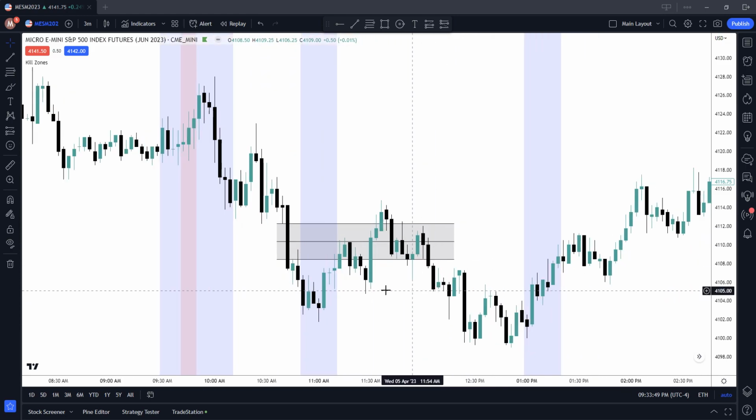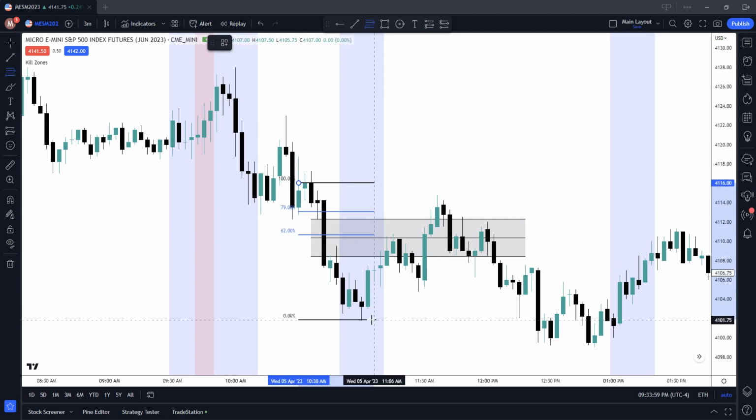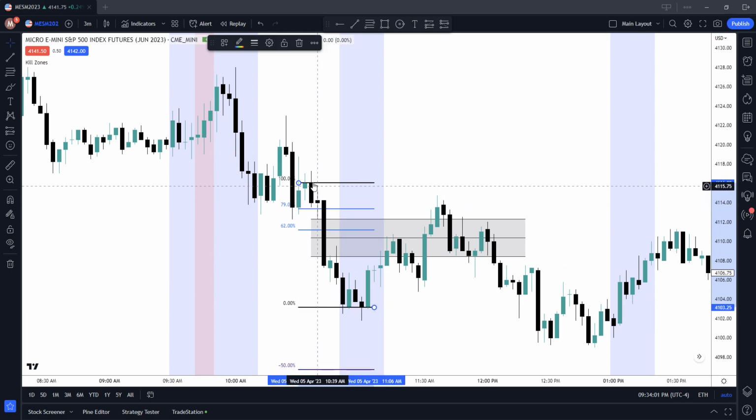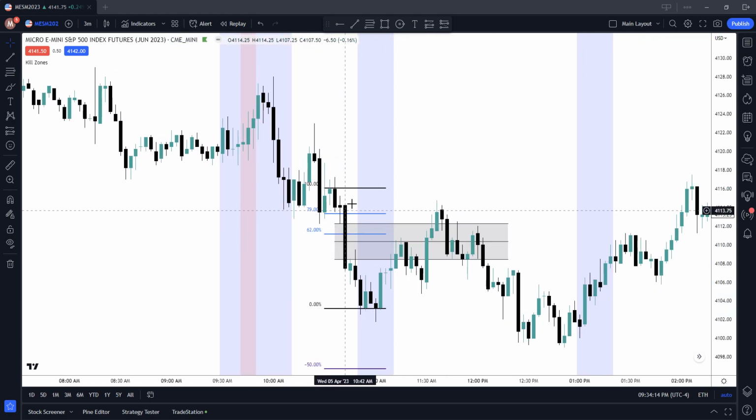So what I did was I saw this fair value gap and I wanted to look for entry. So I grabbed another fib from body to body of this swing high to this swing low, looking just at the bodies here. And I framed this trade off of these fibs.